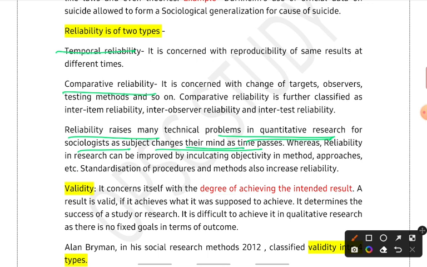So it changes with time, and reliability may also be questioned. The method might change with time, right? Reliability in research can be improved by inculcating objectivity in the method. Approaches like standardization of process and methods also increase reliability. If you include objectivity in that method, the reliability might be more acceptable.